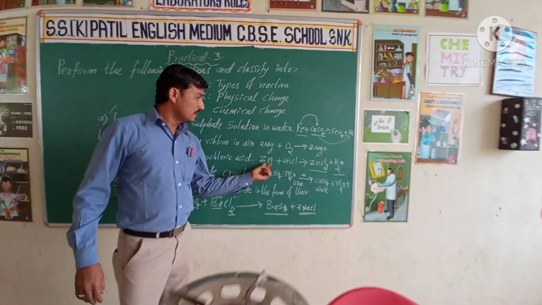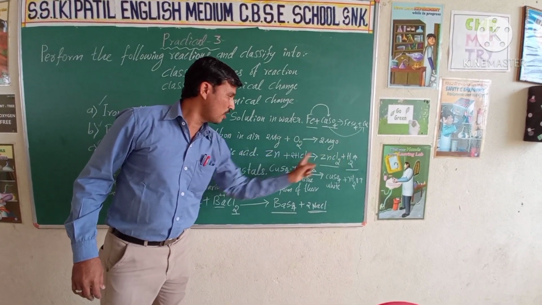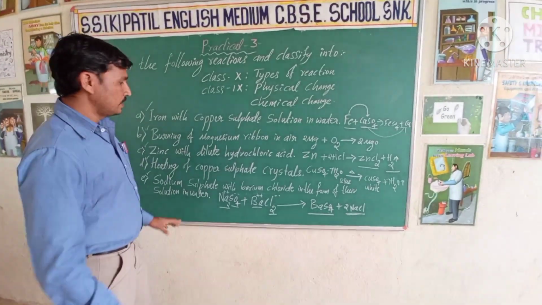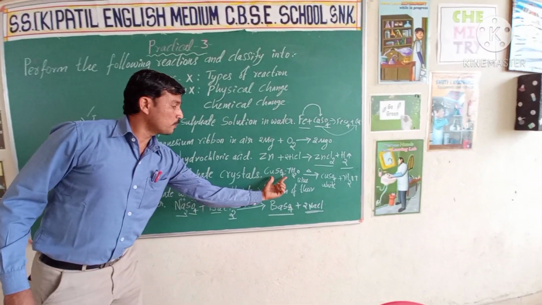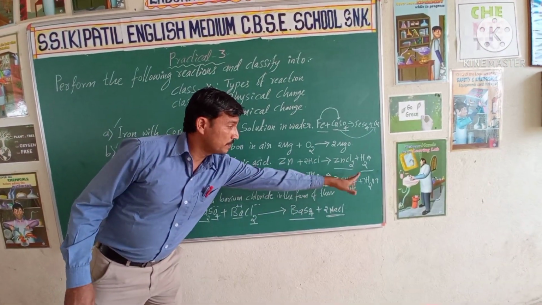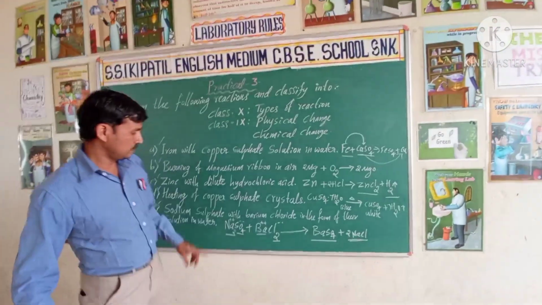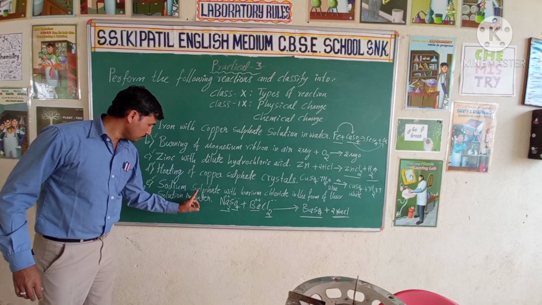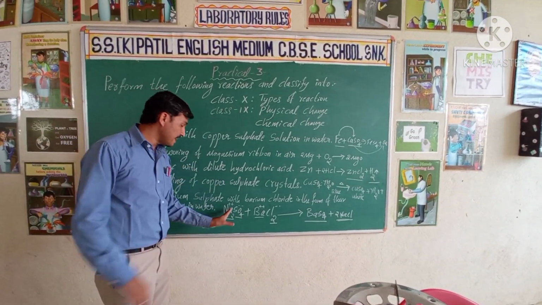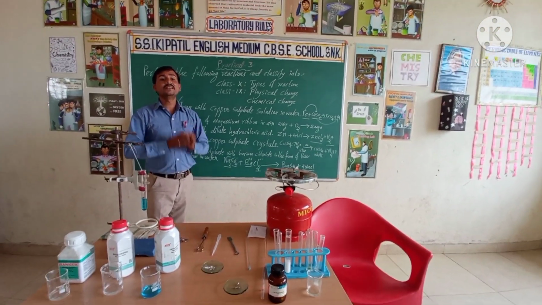The release of hydrogen gas from hydrochloric acid is also a displacement reaction. Next, heating: a single reactant, crystals of copper sulphate, gives copper sulphate plus water separately, which is a decomposition reaction. Here the solutions of sodium sulphate and barium chloride exchange their ions, so it is a double displacement reaction.